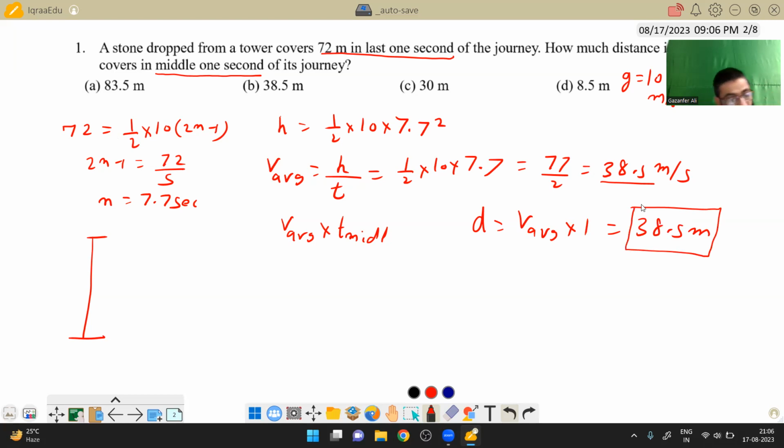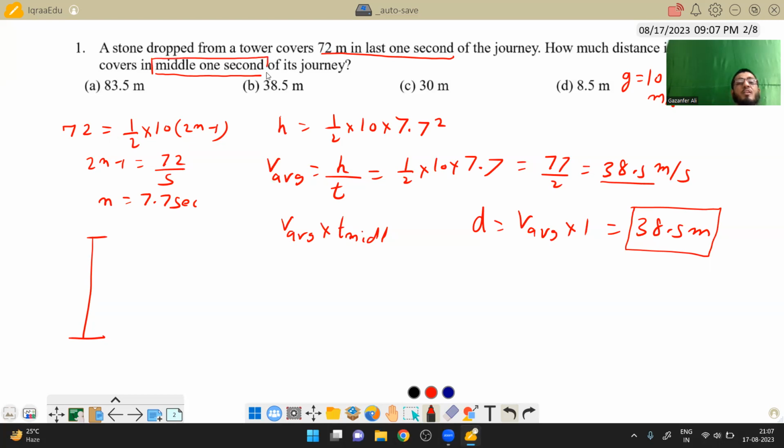A new concept, I think, for every one of you, right? If the particle has constant acceleration, then if you know the average velocity of the entire time period, then in the middle of the journey, the distance traveled will be average velocity multiplied by the duration of the middle. Here it's saying in the middle 1 second.